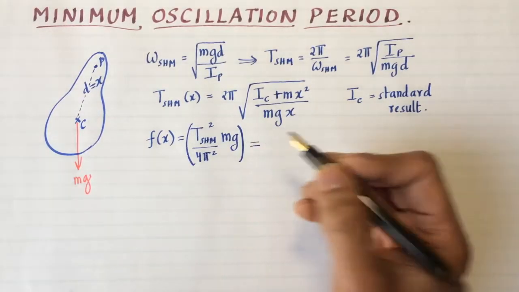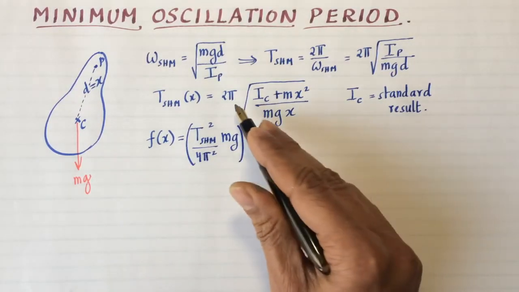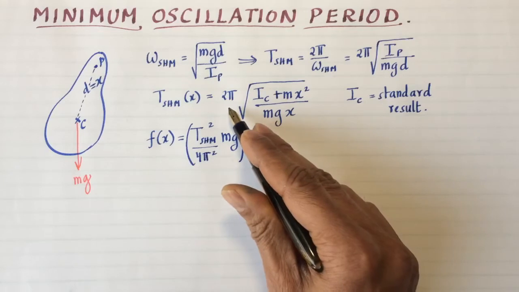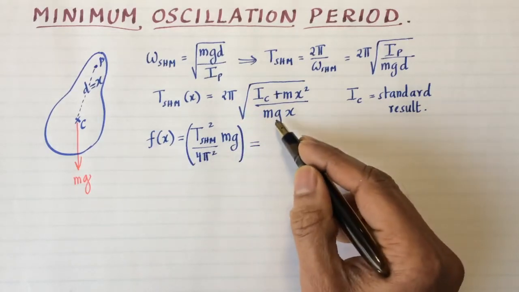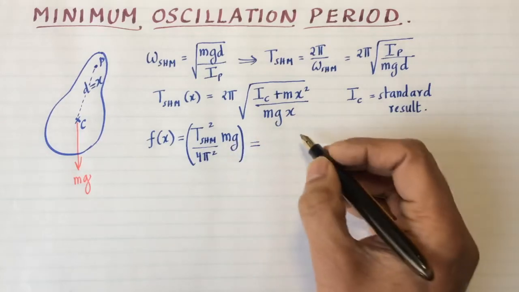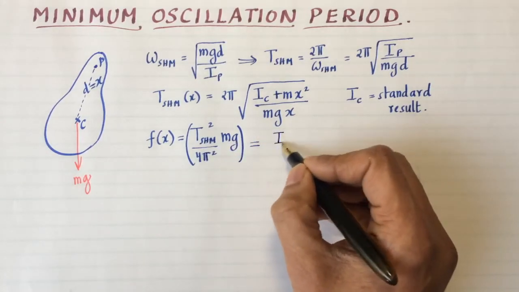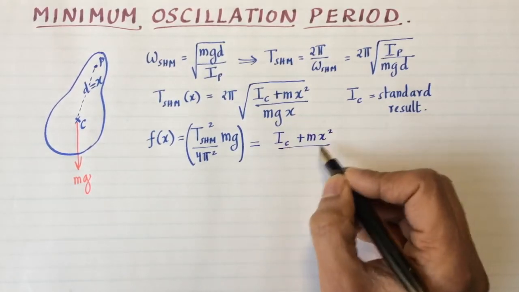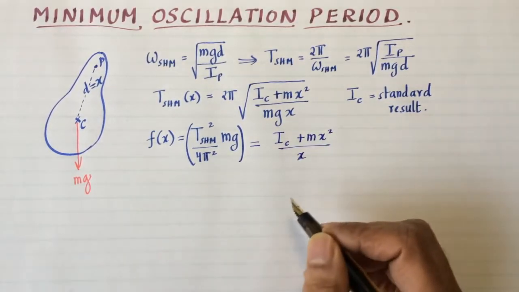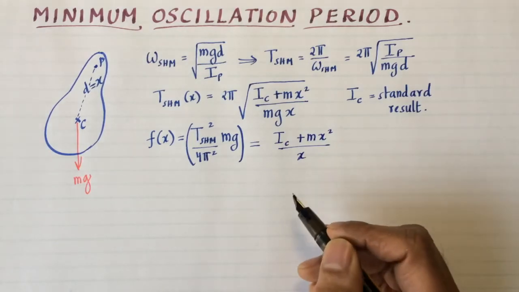So then if I make the substitution, if I square this, the 4 pi squared will cancel with the 4 pi squared. The m g downstairs will cancel with this m g, and I'll be just left with I sub c plus m x squared divided by x. All right, that's not a bad function to think about.